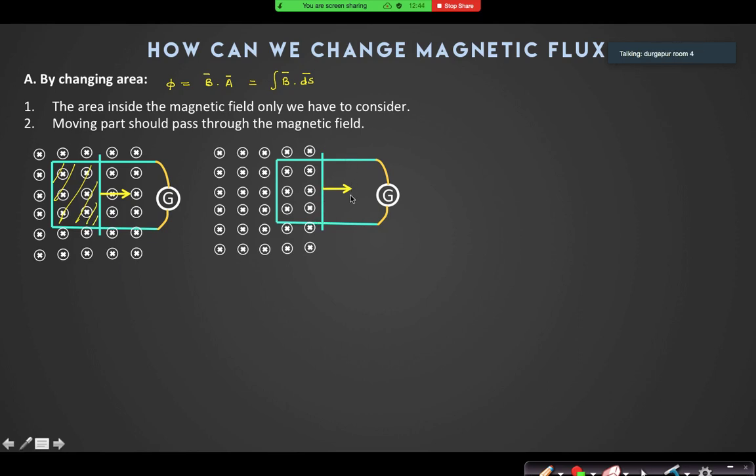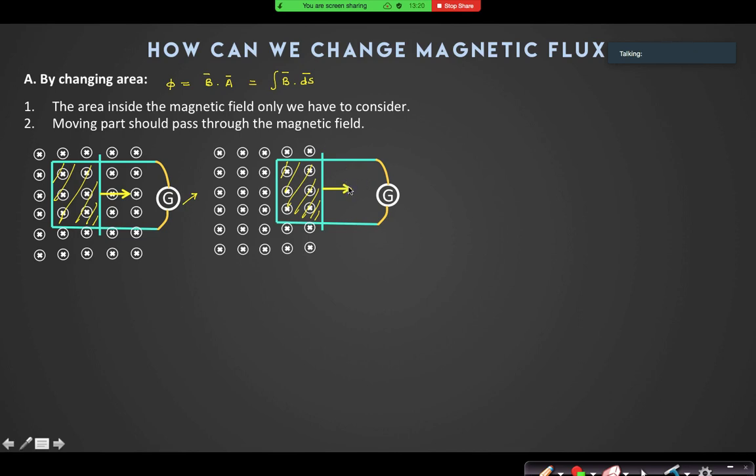Now in this case, in the first case, I am changing the area while this rod is moving inside the magnetic field. In the second case, you can also see that this area is getting changed, but the moving part is not inside the magnetic field. So in the first case, there will be a deflection in the galvanometer. In the second case, will there be any deflection in the galvanometer?